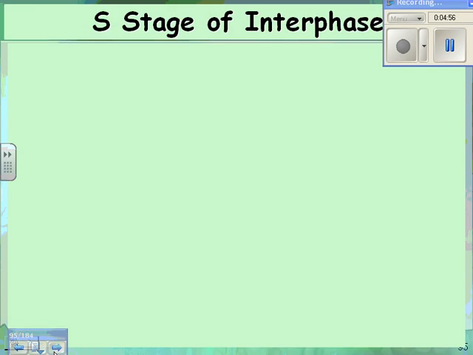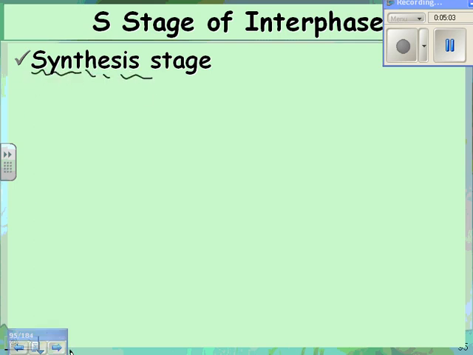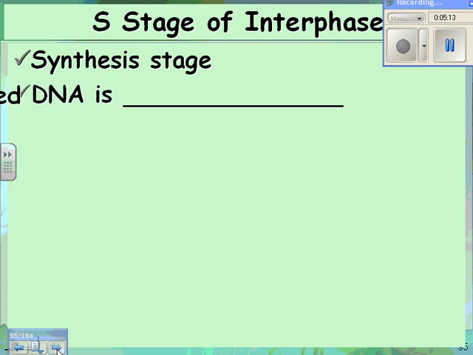The next phase is the S phase of interphase, the synthesis stage. Synthesis means you're making something. In this case, you're making DNA. So it's DNA synthesis. DNA is copied or replicated or synthesized.